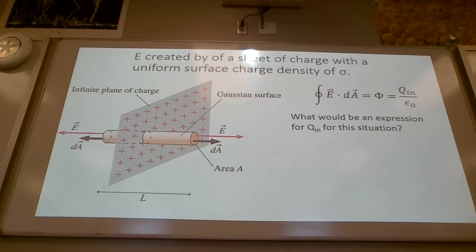Keep it real simple in terms of A. What would be the charge enclosed?